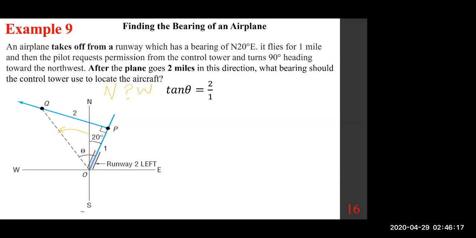So what is theta? Therefore tan theta is equal to 2. So theta is tan inverse of that. Why do we write tan inverse of that? Because it is not a common arc. Therefore, to find it, we need to use a calculator. So that's why tan inverse of 2, we put it into a calculator. It gives us 63.4 degrees or so.